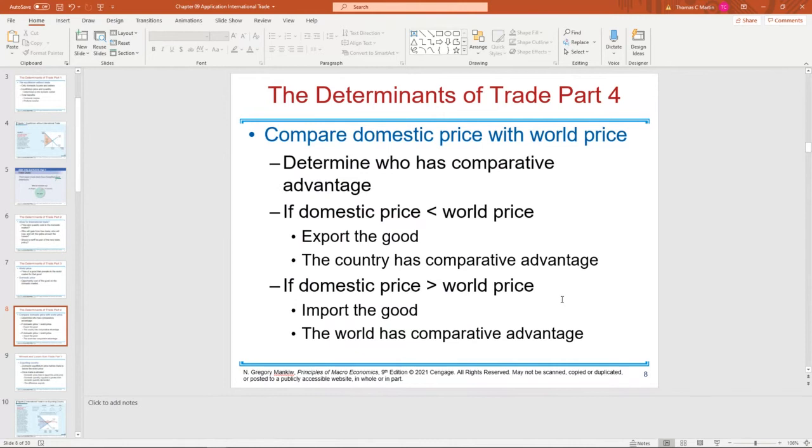So that's all we're doing, is looking at the equilibrium and where the world price lines up with that equilibrium.